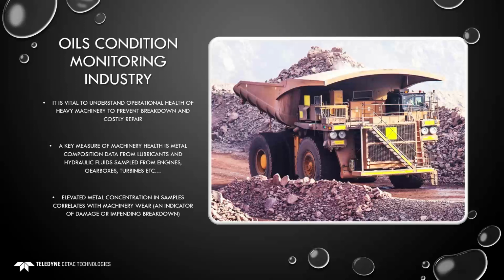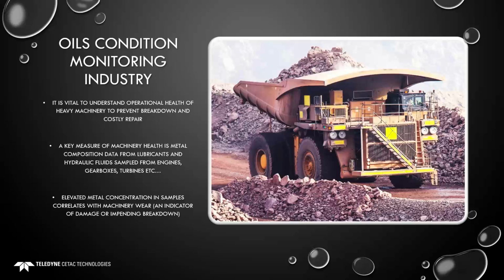Essentially, what we're monitoring is data that comes from lubricants and hydraulic fluids sampled from these pieces of heavy machinery, from engines, gearboxes, turbines, etc. One of the key factors that we look for is the metal composition, and that's typically determined by ICP optical systems. This metal concentration gives us an indication of how healthy the system is.